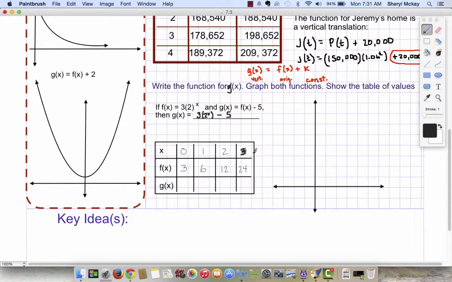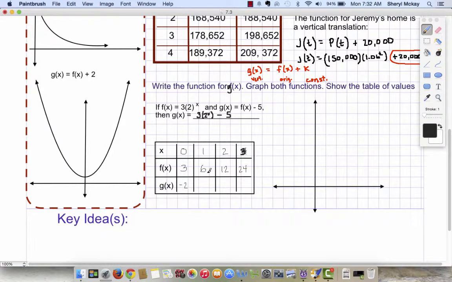Now, let's do g of x. G of x is just f of x minus 5. So what would g of x be when x is 0? Well, 3 minus 5 is negative 2. And what would it be for 1?